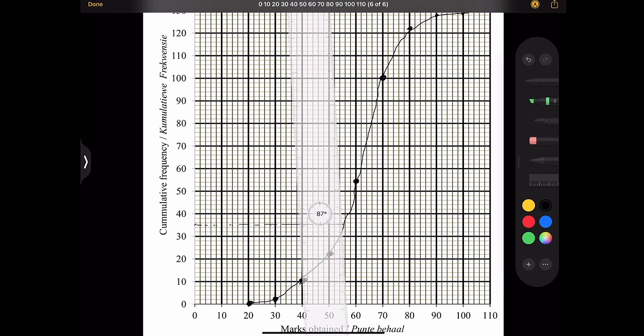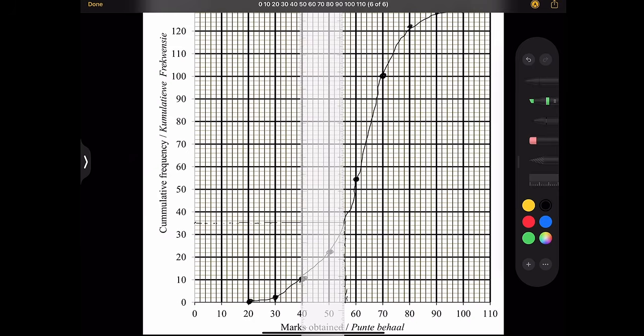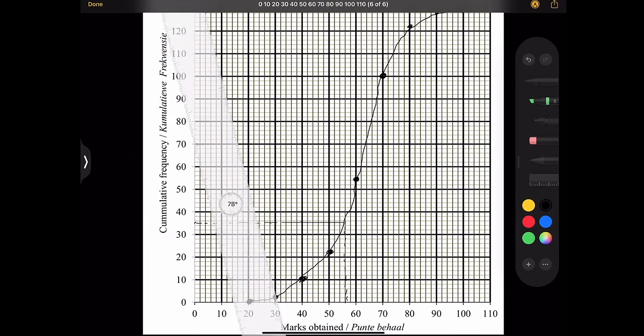Let's make sure our ruler is at 90 degrees. There we go. So that's the corresponding x value, and the marks obtained there. I know it's not as accurate as it should be.